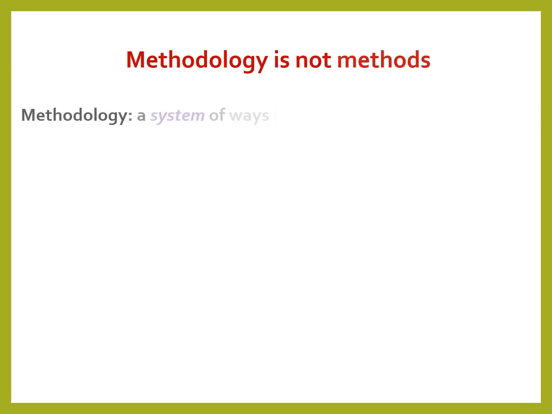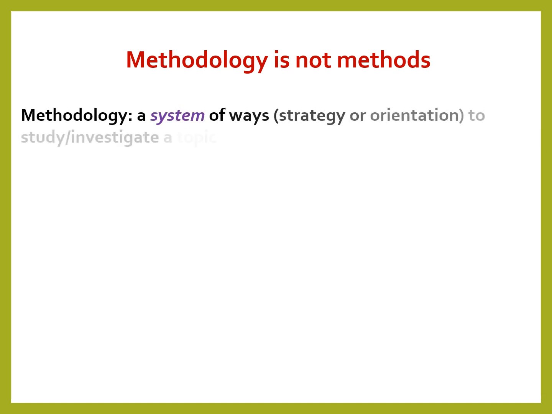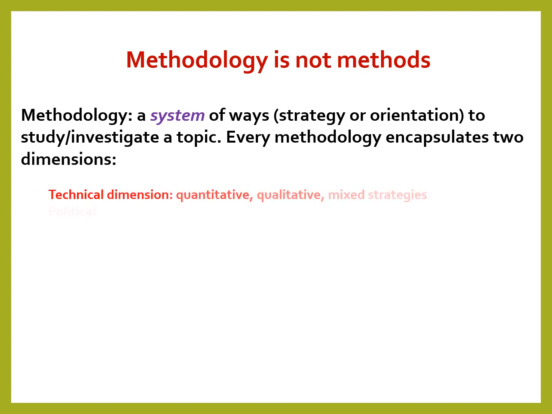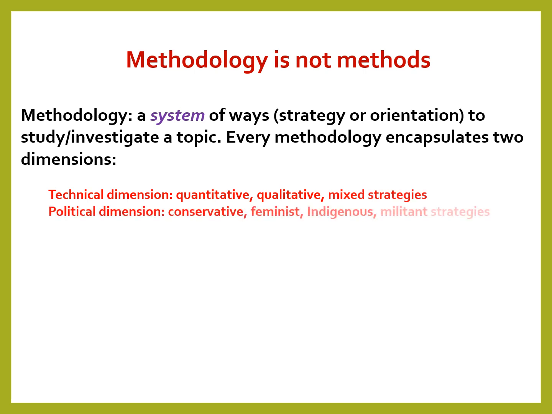One common confusion when people start studying research, and particularly social research, is between the terms methodology and methods. Methodology is a system that brings together the different orientations to how we study a topic.